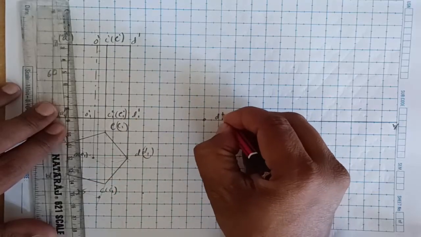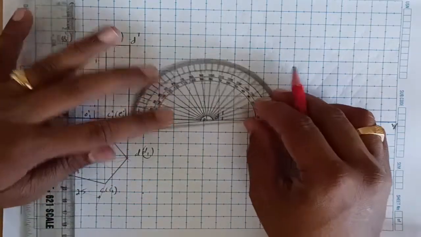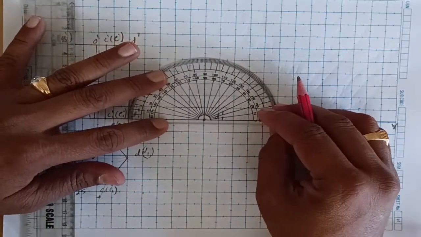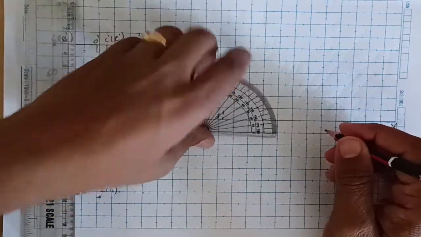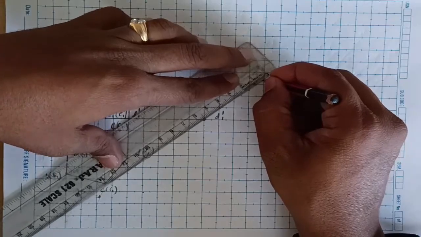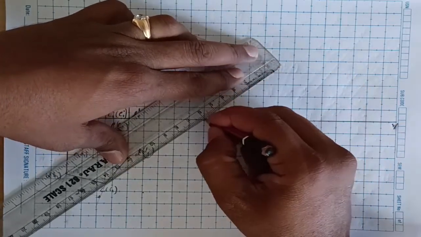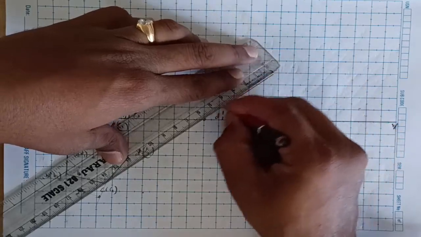First mark the D1 dash resting point, and then the 40 degree they gave. From that point, we need to measure a 40 degree line. Take the 40 degree line point, and through that point we need to draw a side length. We know that is 60, so draw the 60 mm line.